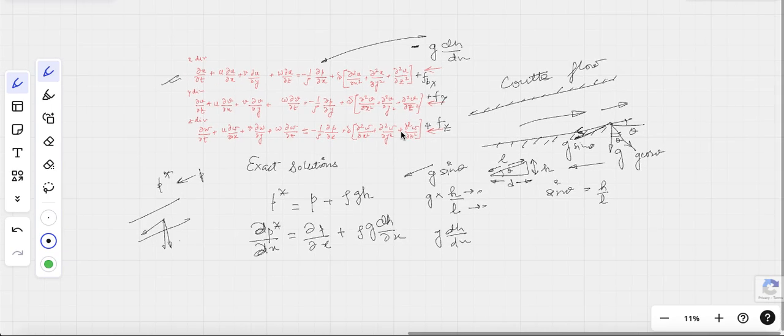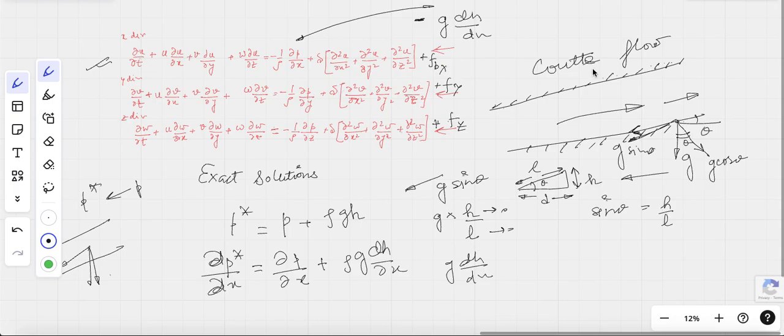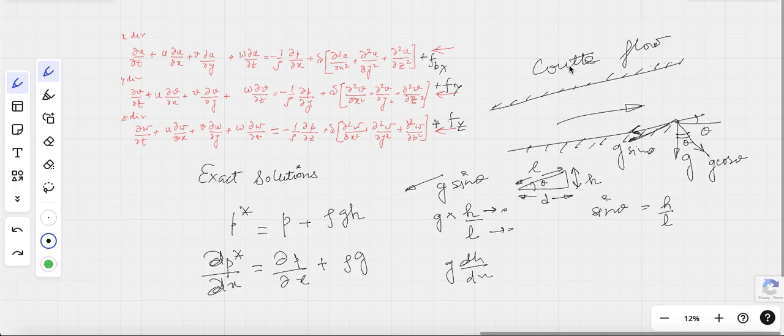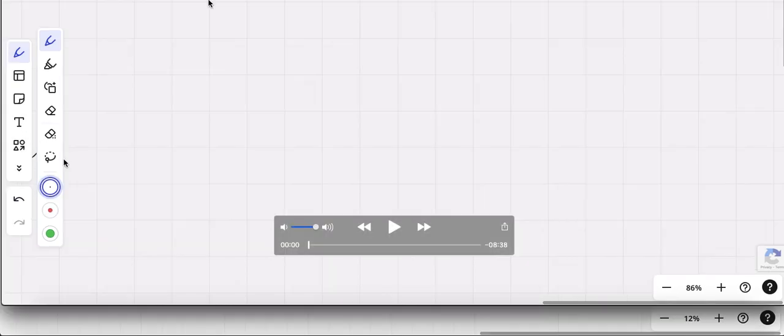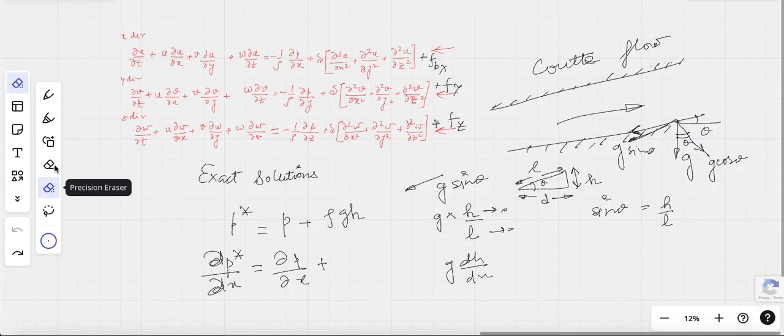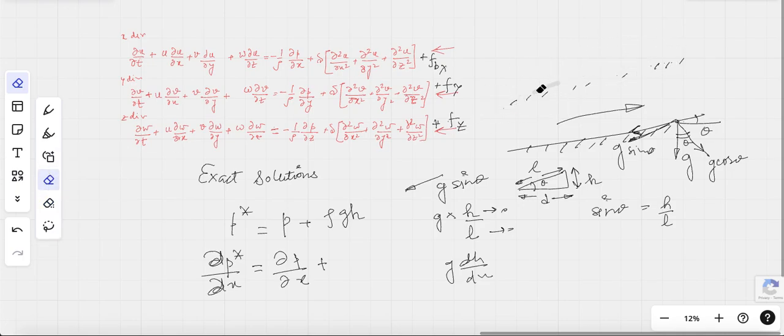Now the Couette flow in the most general form. Let me remove all these things. We will ignore body force, right? Like how I had told, the reason I've told. Just let me get rid of these parts.